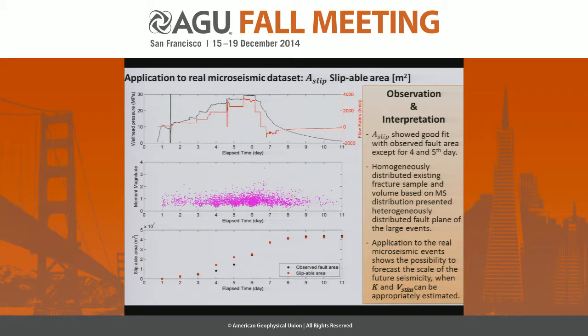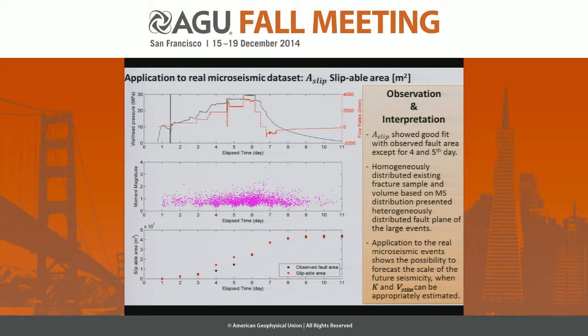So maybe you can see the slip-able area shown here is a really good fit with the observed fault area. This is kind of serendipity, but I'm really so happy.